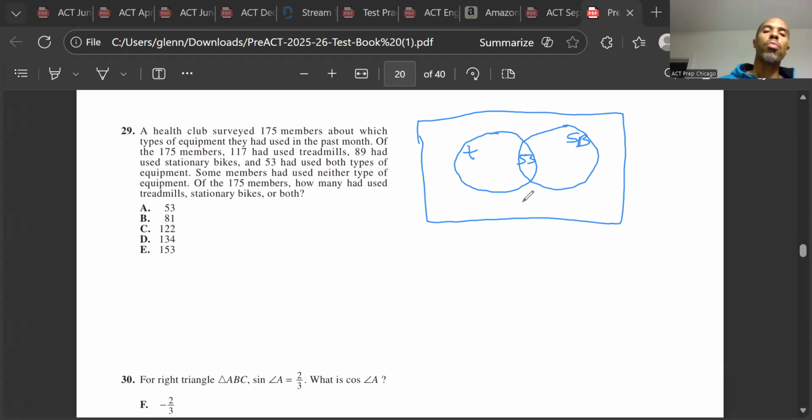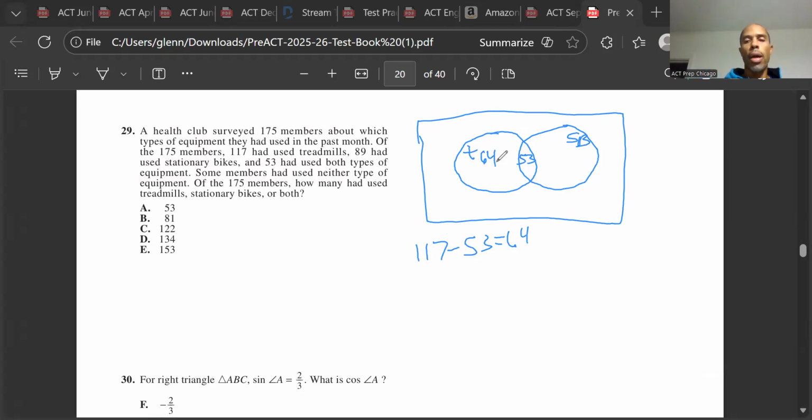But alone, we would have to subtract. So we'd have to do 117 minus 53, and that gives us 64. So 64 only rode the treadmill.